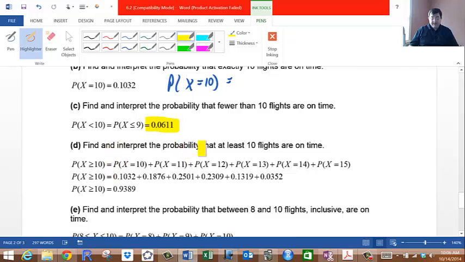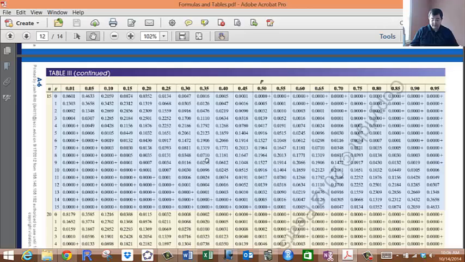And now we'll find at least 10. So at least 10 again means 10 or more. Okay, so now we're just going to add up probability of 10 plus 11 plus 12 plus 13 plus 14. And so again, these numbers here come right from the chart. So that's all you have to do for these, is to just look right on the chart here.